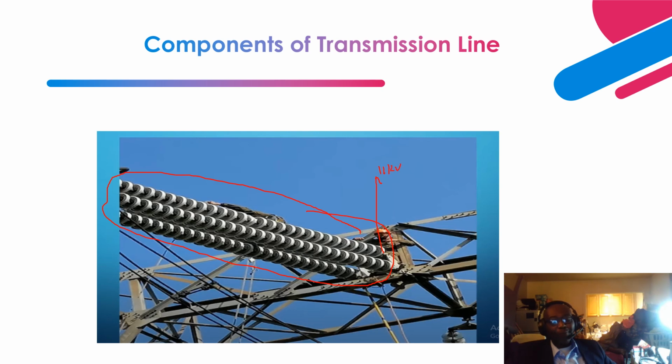If you count this one, 1, 2, 3, 4, 5, 6, 7, 8, 9, 10, 11, 12, 13, 14, 15, 16, 17, 18, 19, 20, 21, 22, 23, 24, 25, 26, 27, so 11 times 27. And I remember they can also put a lot of these in parallel to support the required withstand voltage that they need.